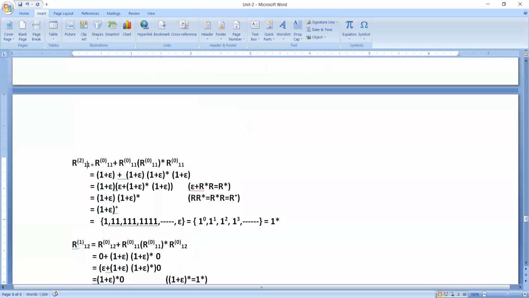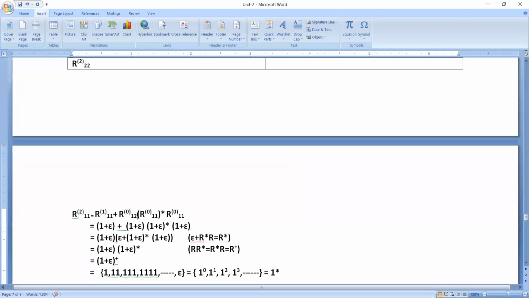Now it will be something like R power k minus 1 of ij, this one, plus R power k minus 1 of this one, which will be ik, and here you will get k value. k minus 1 value will be 1, and here you get kk will be 2, k minus 1 will be 1.